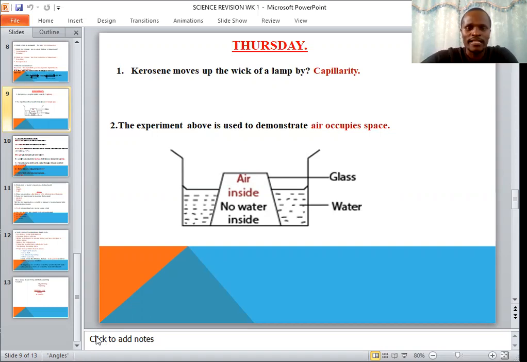So these pupils were just trying to demonstrate, or they were trying to investigate an experiment that is finding out that air can occupy space. So inside this glass, already the glass has been occupied by air. That's why water could not find its space in. So I expected you to write that air occupies space. That was the experiment that this class were trying to investigate.